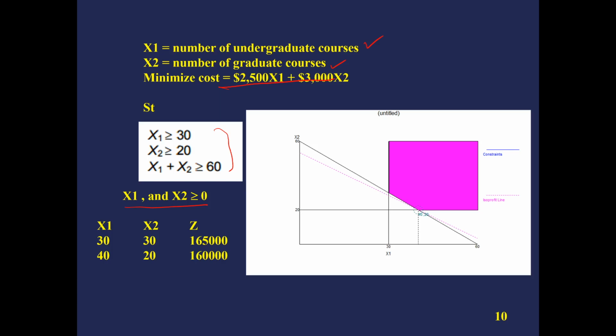We have shown it in magenta color, and then we have only two corner points, this corner point and this corner point. Work out these costs, and the minimum cost comes at 40 undergraduate courses and 20 graduate courses. That's it.